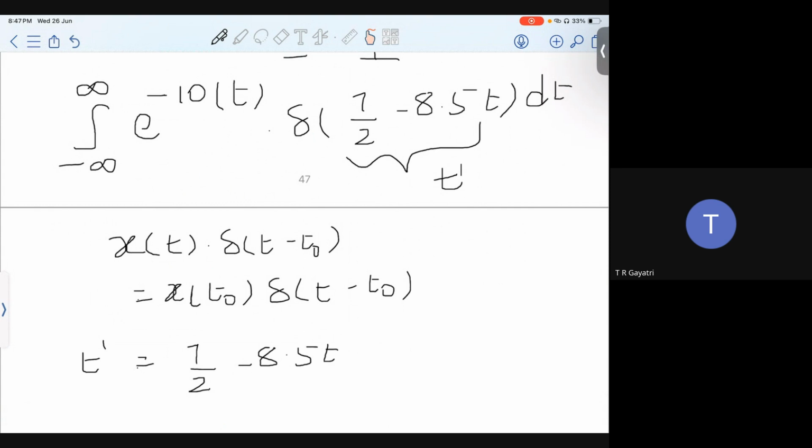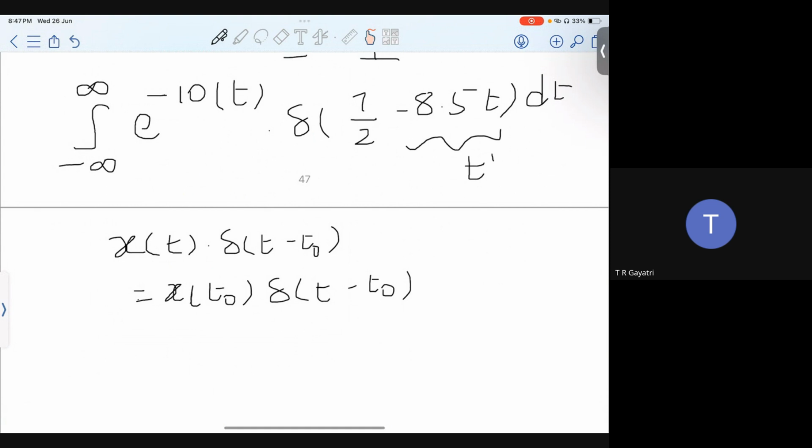What can I do? Instead of calling this entire thing t prime, let me call minus 8.5 t alone t prime.